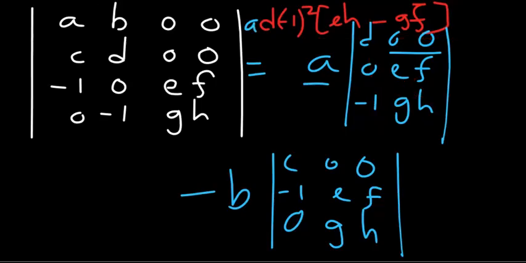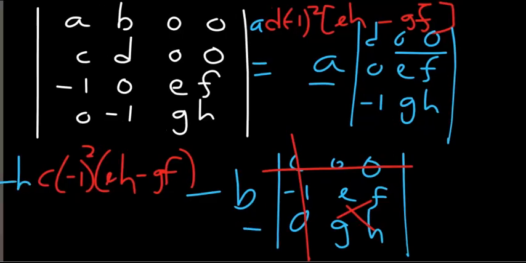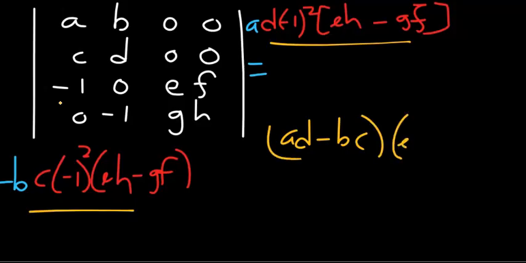Let's look at the second determinant. We can use the first row. So that's going to be C, minus 1 to the power 1 plus 1 is 2, E times H is EH minus GF. And let's not forget this minus B. So this term and that term will simply give you AD minus BC times EH minus GF.